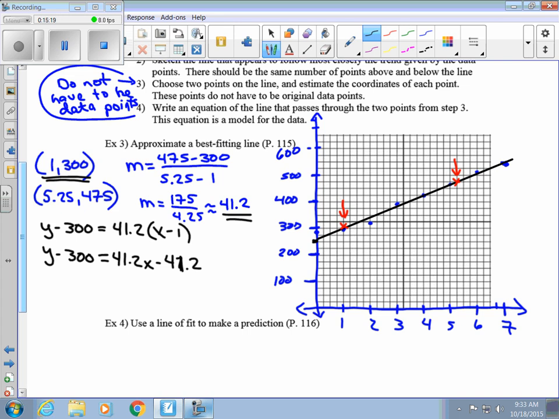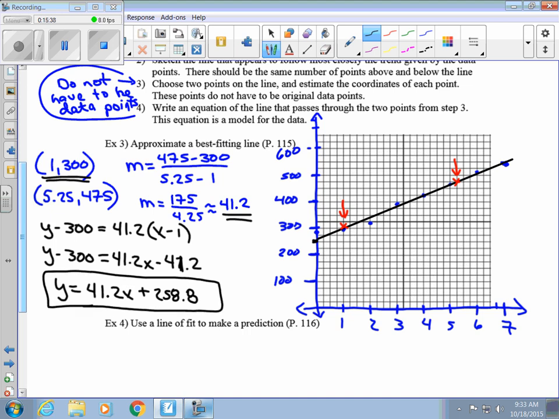And then we add 300. 41.2x. So that's going to be plus 258.8. And so here is the equation of our best fitting line, or our line of best fit. You can call it either one.